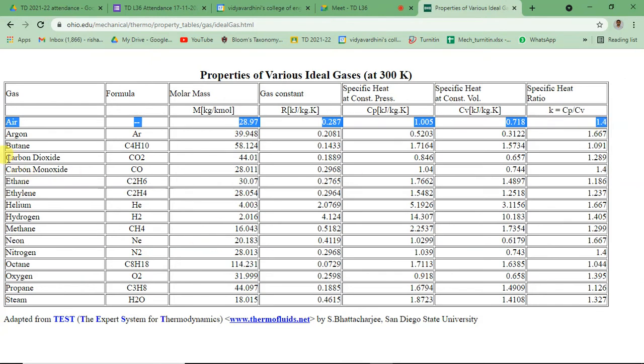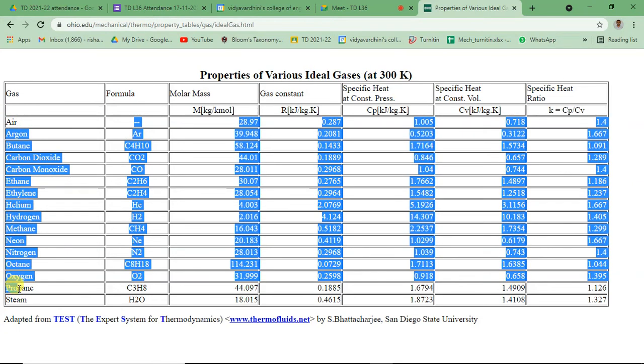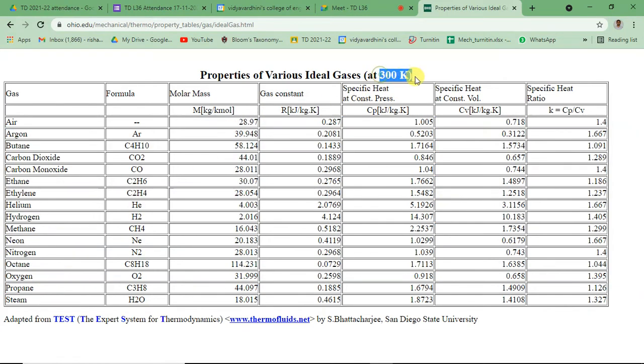Then for carbon monoxide, gamma also comes out to be 1.4. But observe the values of Cp and Cv, they are different, but the ratio of Cp and Cv will become 1.4 only. Also note that all the things we are considering over here are ideal gas, at 300 Kelvin.